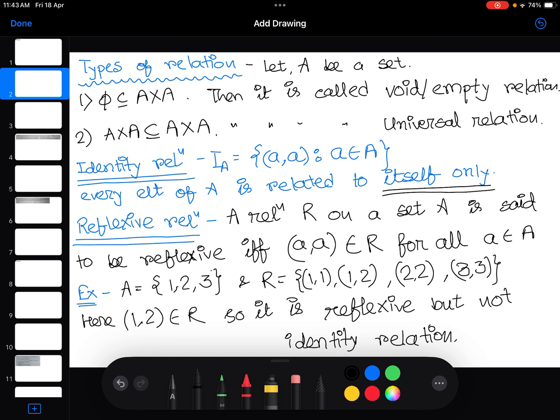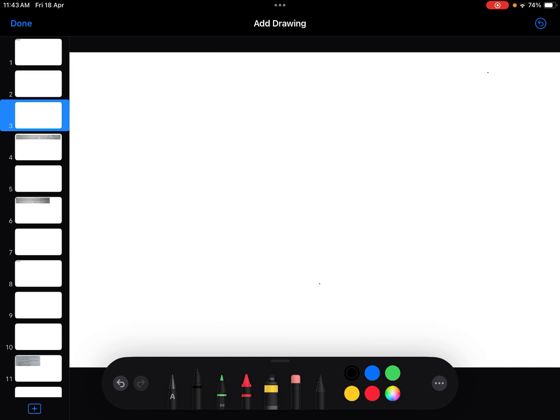Now we see two more things. What is a symmetric relation? This is also very easy.